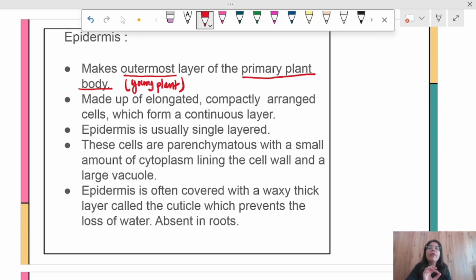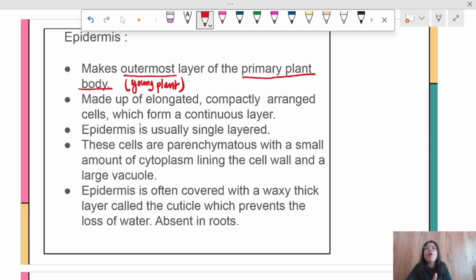So you have to be very careful if in a statement they are giving you a statement like outermost layer of the mature plant body is epidermis, that will be wrong in some cases, right? So it is present as the outermost layer of all primary plant organs, right? So it is present in the primary plant body.